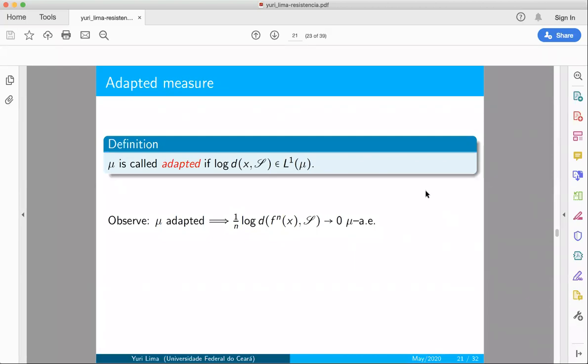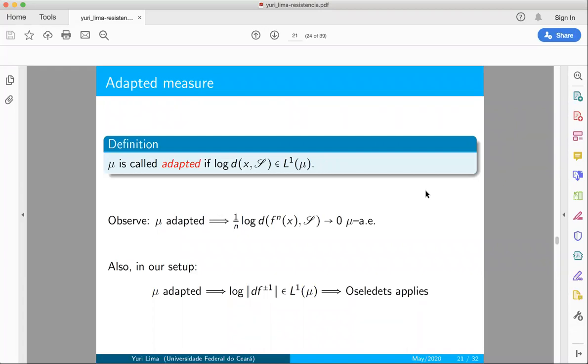So this says that from the point of view of measures, all adapted measures sit inside this candidate for coded set M0. And not only that, but also in our context in which you have a control of the derivative, whenever you require adaptedness or adaptability, I don't know what is the right way of saying that, then log of the derivative is going to be in L1.